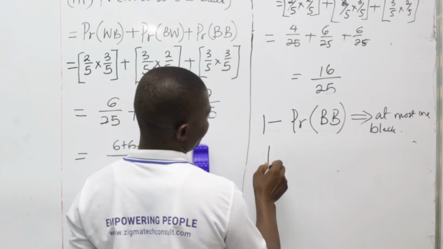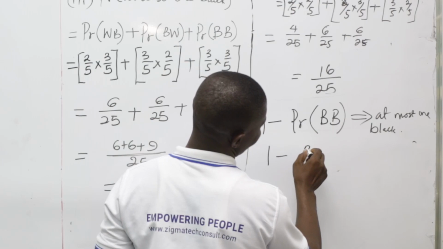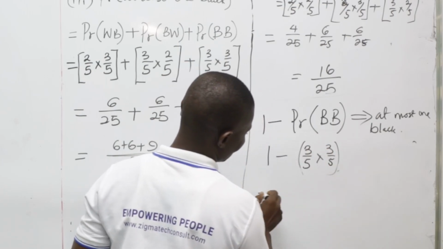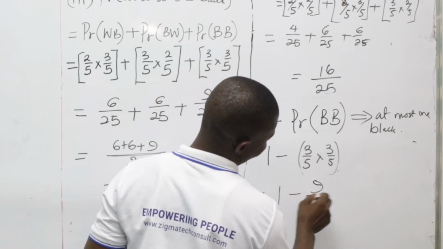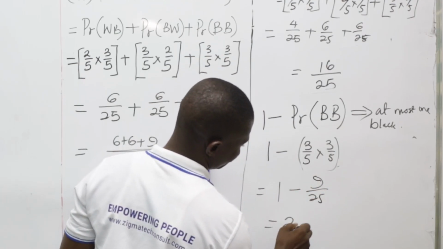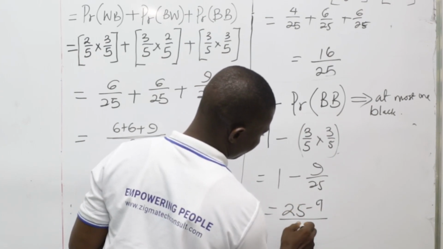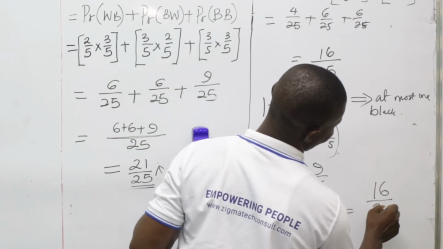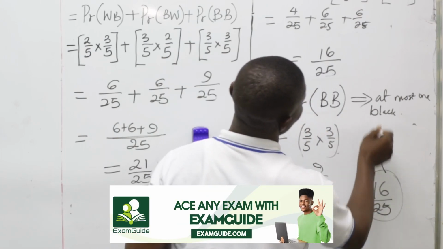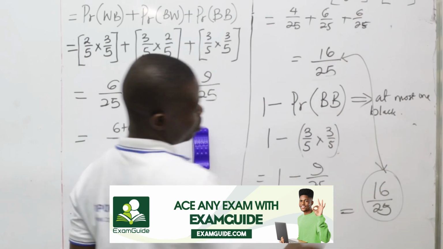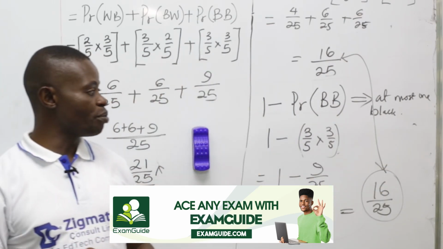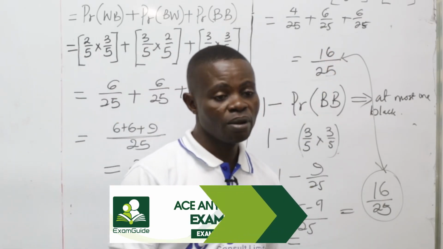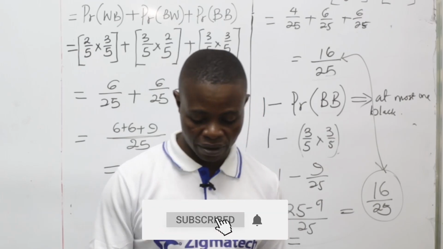So what is probability of black black? 3 all over 5 times 3 all over 5, which is 1 minus 9 all over 25, which will give us 25 minus 9 all over 25 equals 16 all over 25. You can see that they are the same. So it's your choice. I don't know the one you prefer, but anyone can still serve you better. All you need is carefulness.